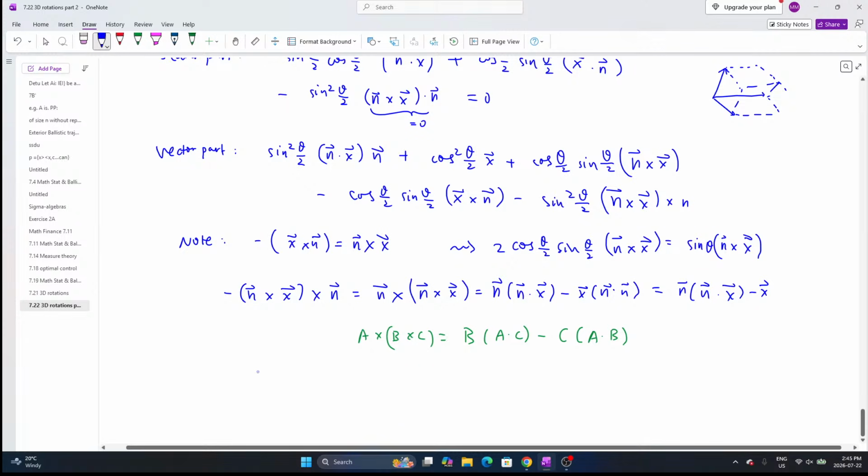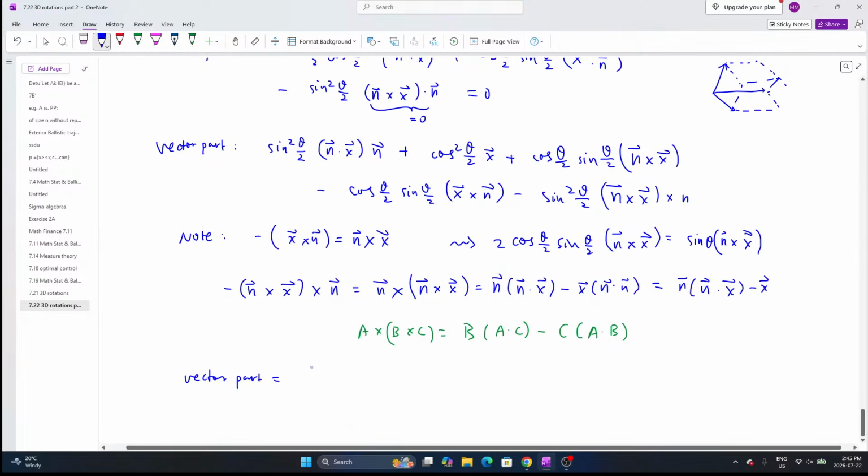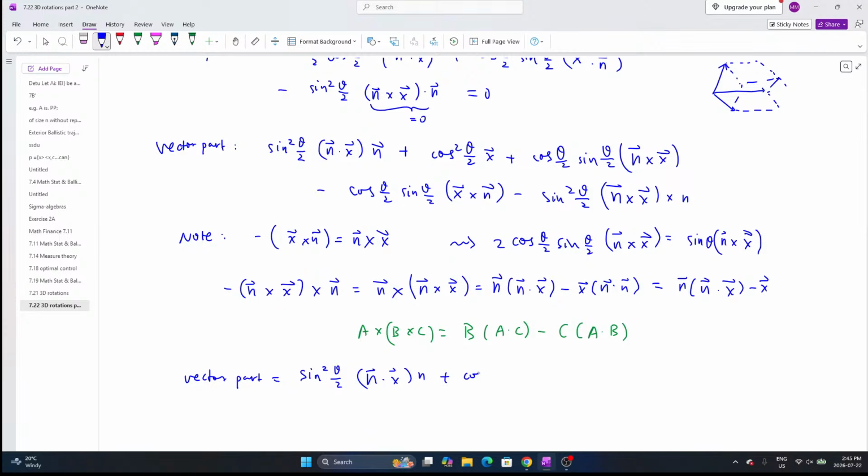So that's pretty good. So therefore, the vector part now can be simplified to sine square half theta N dot X times N, and then plus cosine square half theta X. And as I mentioned, these two terms already combined into a single sine theta N cross X, so that's cool.